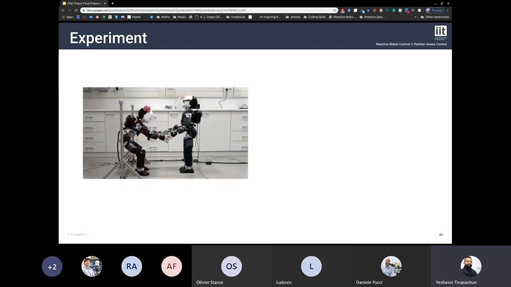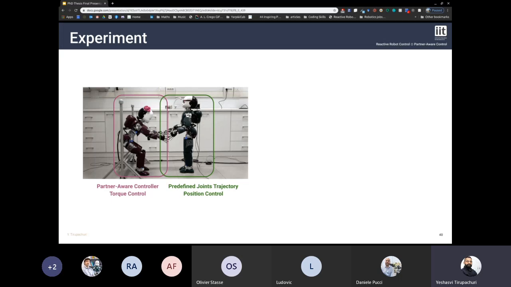Thanks to the modeling consideration of the human as a rigid multi-body system, we can consider another robot in place of a human. Here, the purple robot is partner-aware controlled in torque mode, and the green robot, which substitutes for the human, executes a predefined joint trajectory in position control mode.